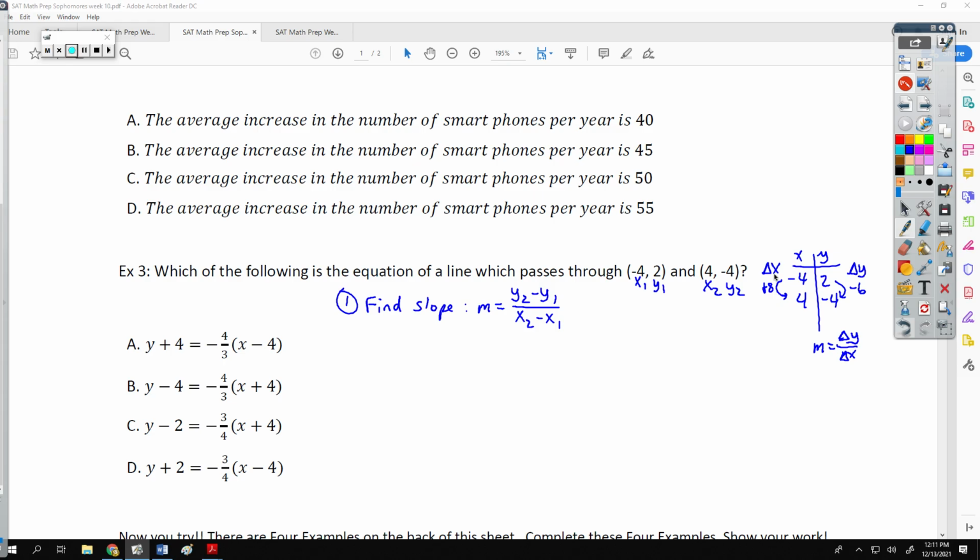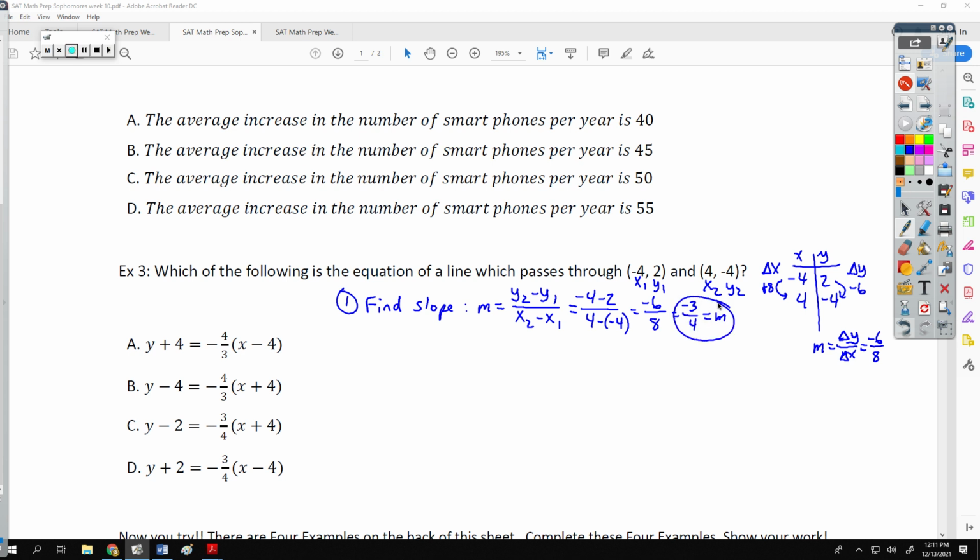Okay, either way, you're going to get the same slope. So we plug these numbers in: -4 minus 2 over 4 minus -4, and we get -6 over 8, which is, by the way, the same thing we get if we use the table approach, which reduces to -3/4 to be our slope.